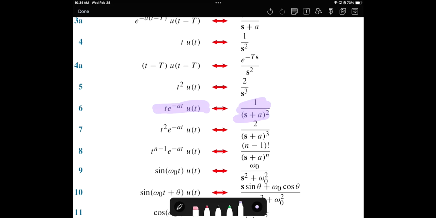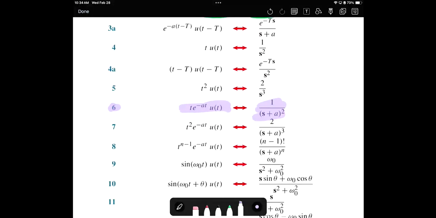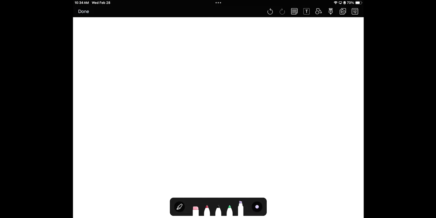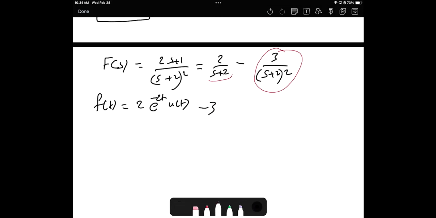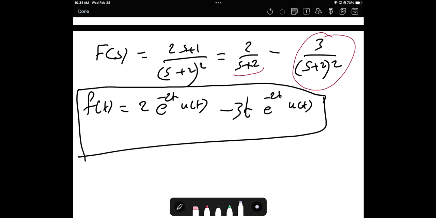So it will be the same thing but multiplied by t. That's based on rule number 6. So let's go back and substitute it. It will be minus 3 times t e power negative 2t u of t. Then that's it. So you realize for the repeated roots, the only difference is we just multiply by t for the other one.